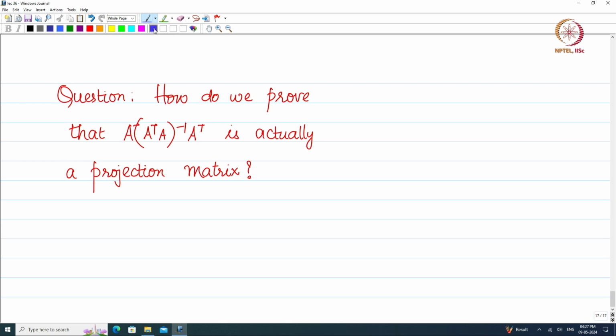And that brings us to the question of what is a projection matrix. So, what is a projection matrix?